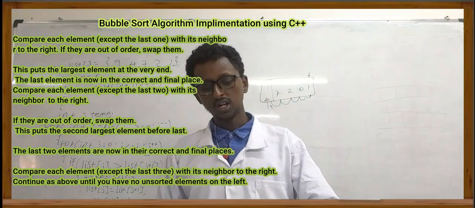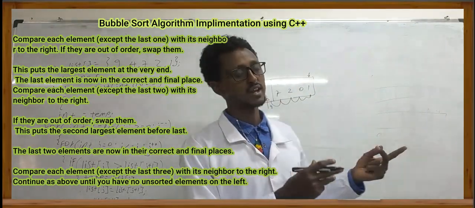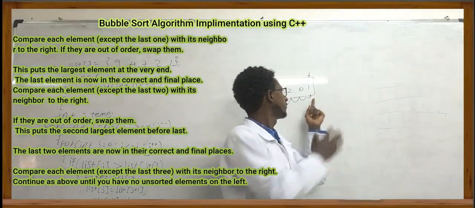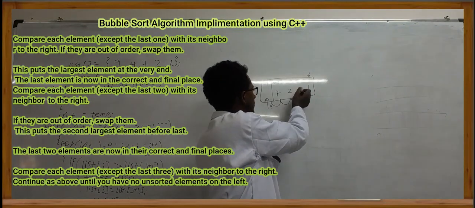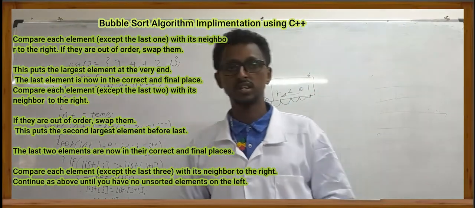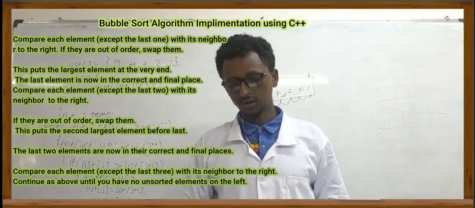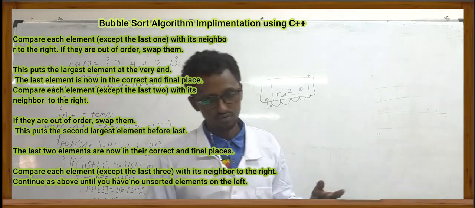During the second pass, compare each element except the last two with its neighbor to the right, since the last two are already in their positions, and go back to the beginning of your array. Then compare each element except the last three with its neighbor to the right.